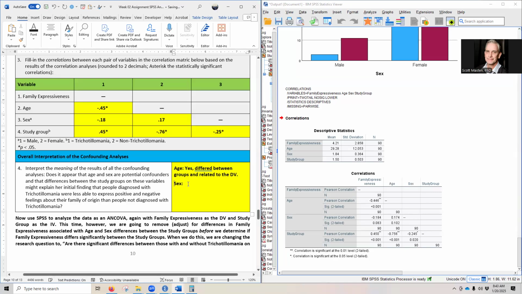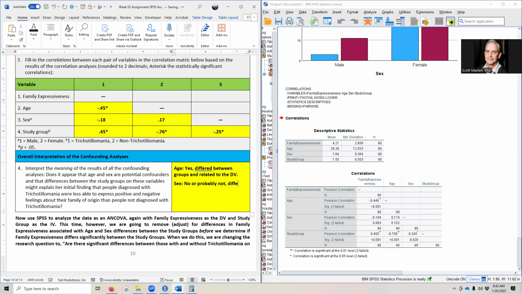And then for sex, I would say, it differed between the groups. There were more females with trich, but sex isn't significantly associated with the dependent variable. So I would say no, or probably not. Why can't it be a confounder?